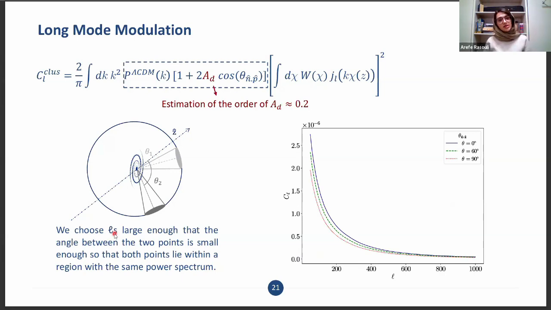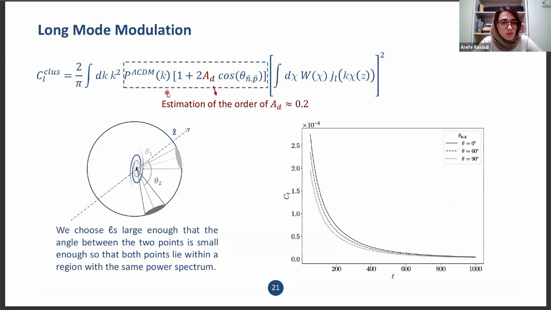But the problem here is that we wanted to derive the clustering dipole, which is related to the angular clustering power spectrum at L equals 1, and which is related to two points on two different sides of the sky. As a result, when we apply the modulation, we break the symmetry and isotropy, so these two points will not have the same power spectrum anymore.